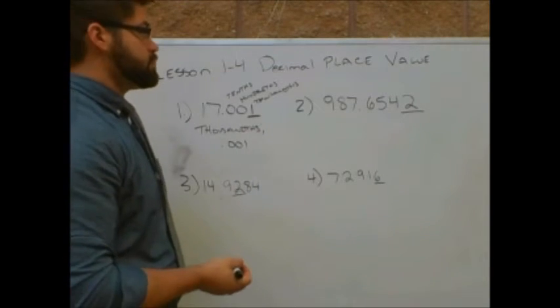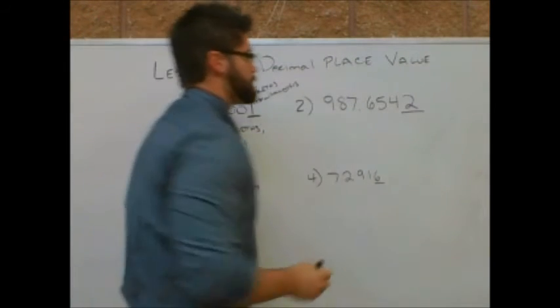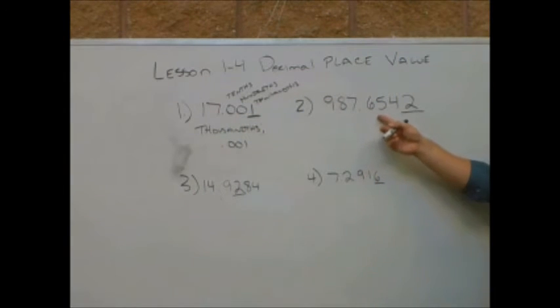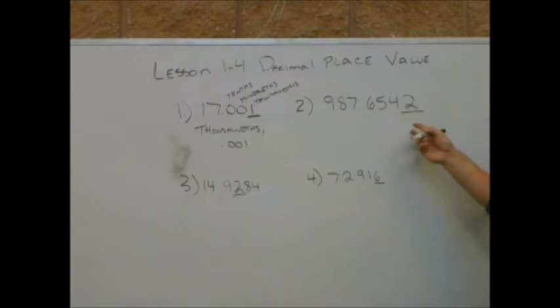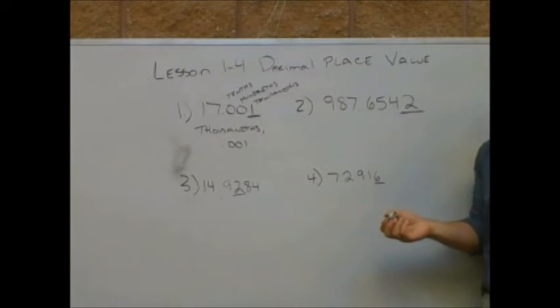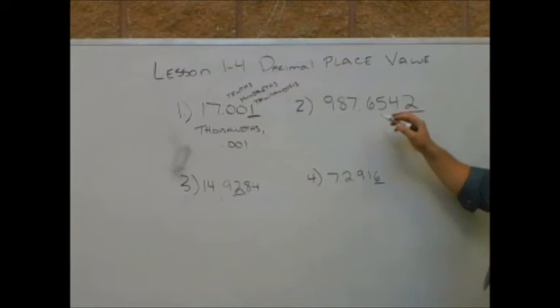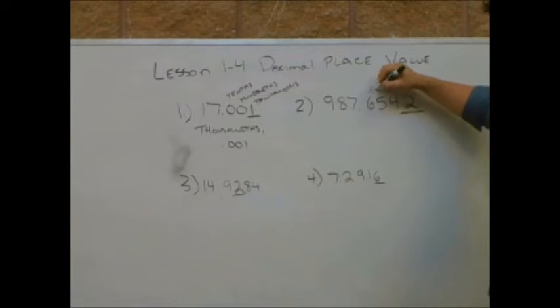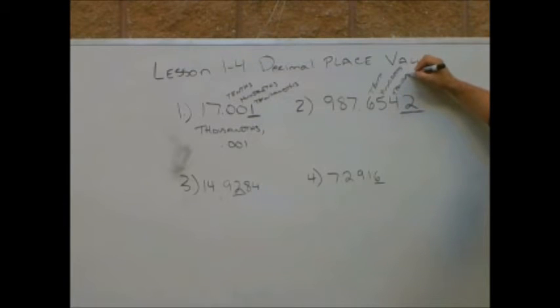Number 2, if we look at this number here, again, we're looking at the underlying digit and what is its place value. So we have the tenths, hundredths, thousandths, and 10,000ths.